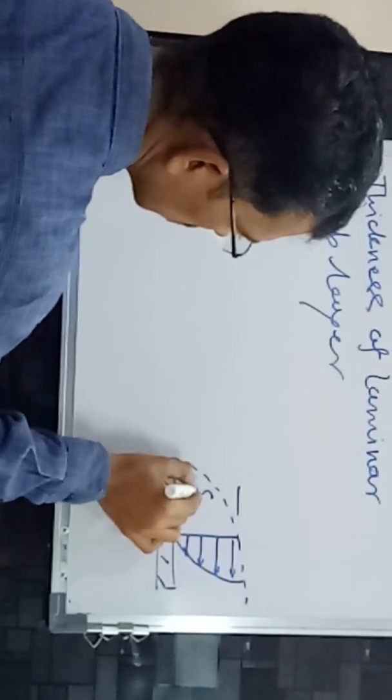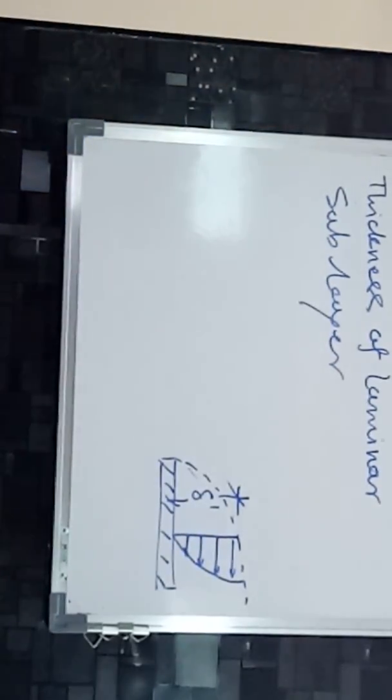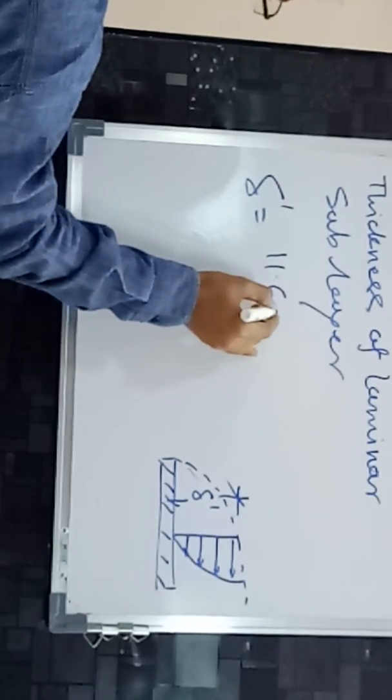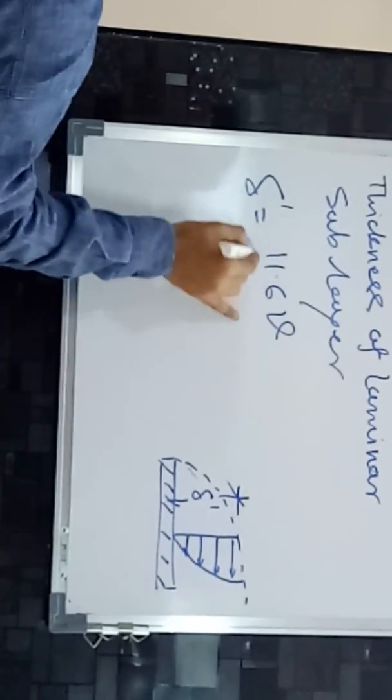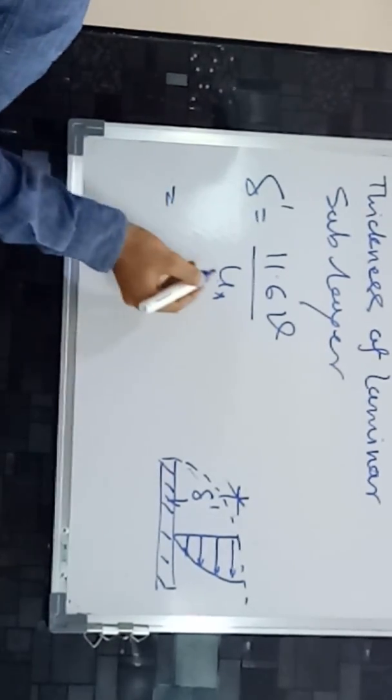So this distance represents your thickness. Okay. So one standard formula is there, del dash equal to 11.6 into kinematic viscosity divided by shear velocity. So all values you know that.